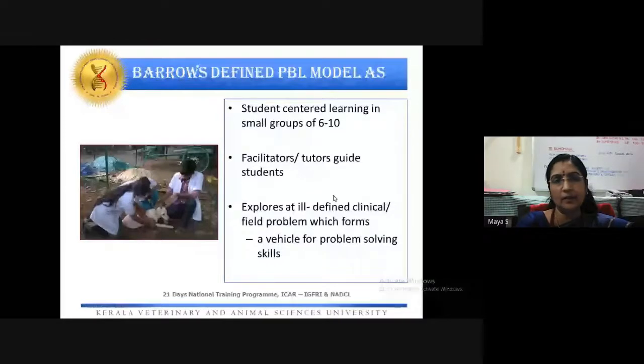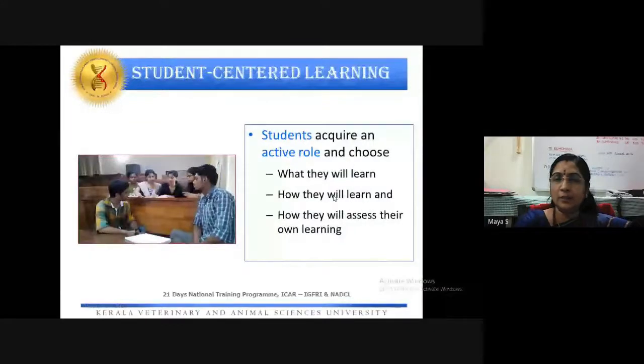The problem will act as a vehicle through which the student will learn. Here the students will be in an active role, choosing what they will learn, how they will learn, and how they will assess themselves.